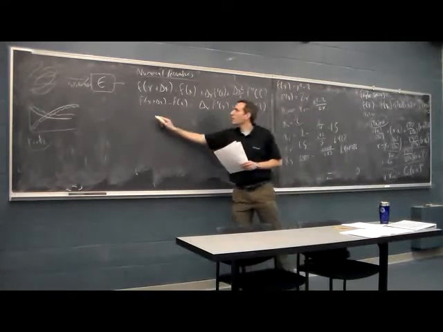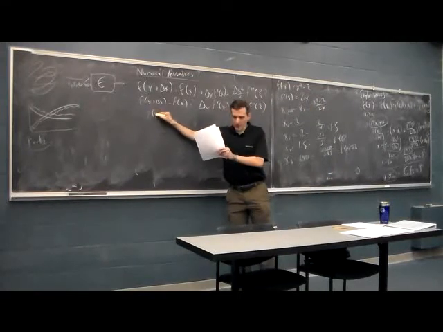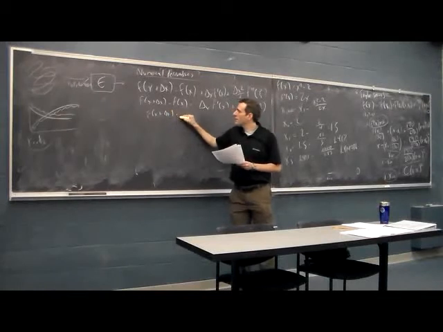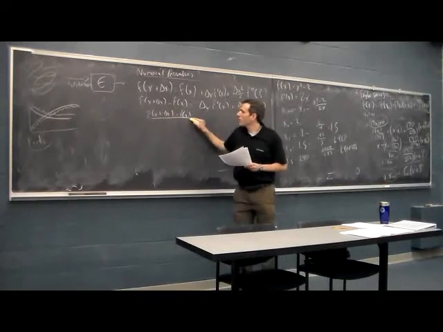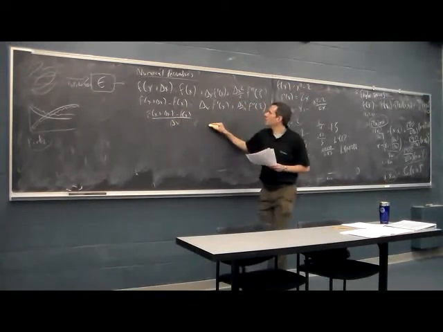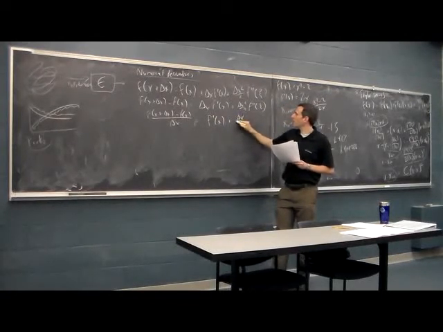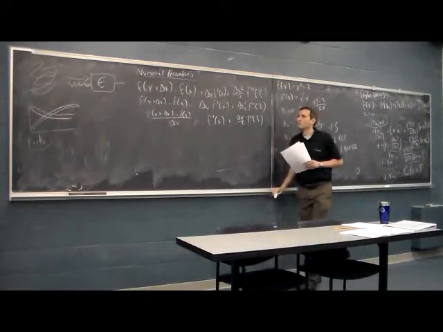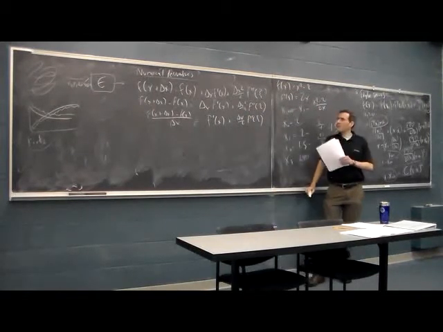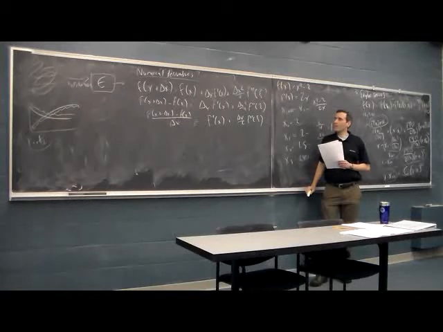And dividing through by delta x, we would get f of x plus delta x minus f of x over delta x is equal to f prime of x plus delta x over 2 f double prime of psi. And this is actually telling us how we can get an approximation to the derivative of f at x. Can anyone see how we would do that?